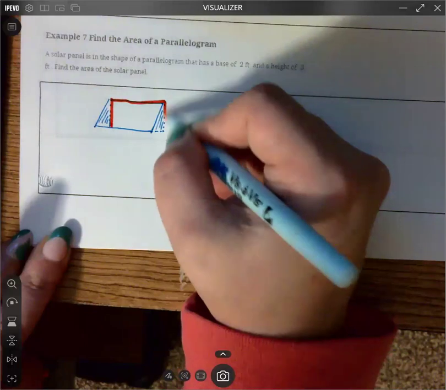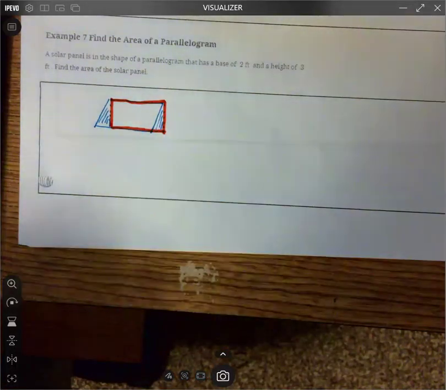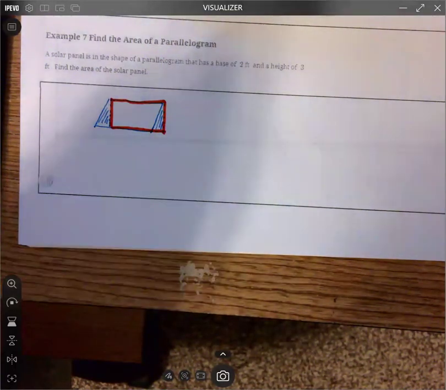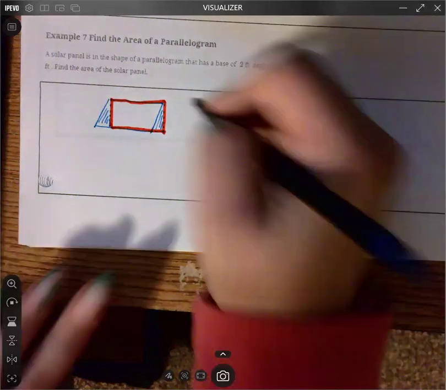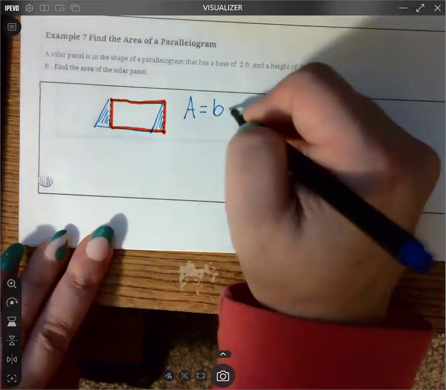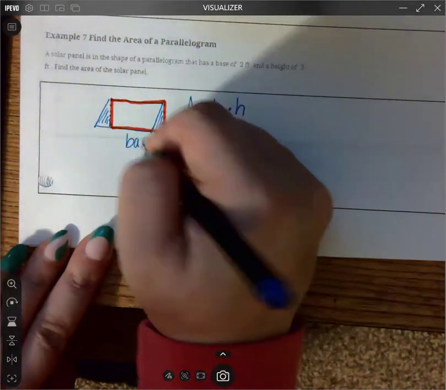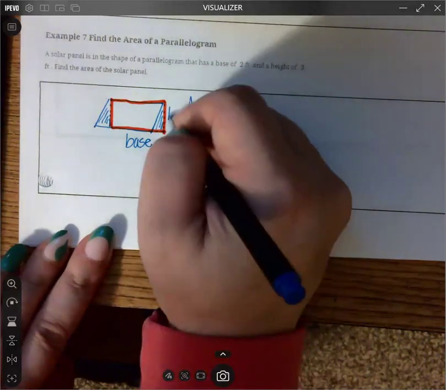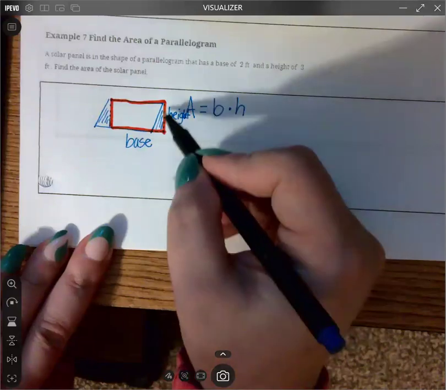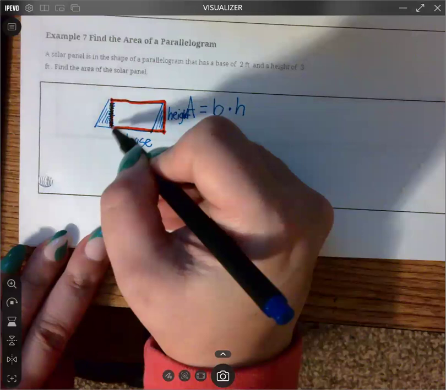The same amount of space is going to be covered by a parallelogram as a rectangle. So our area formula is base times height. This is my base, and this is my height. Now think about where that height came from. That is this height of this triangle that I cut off.